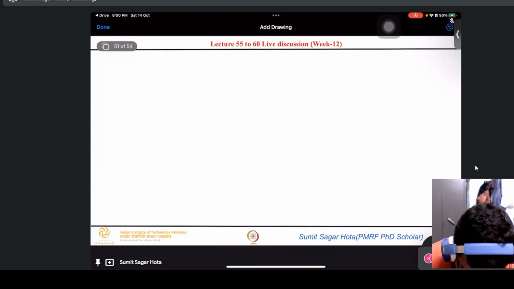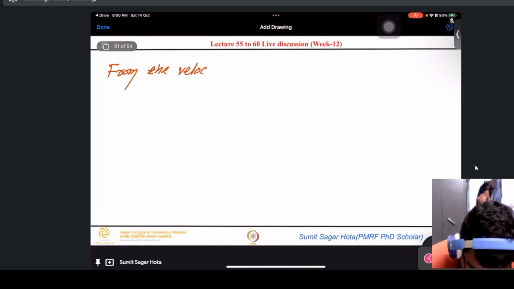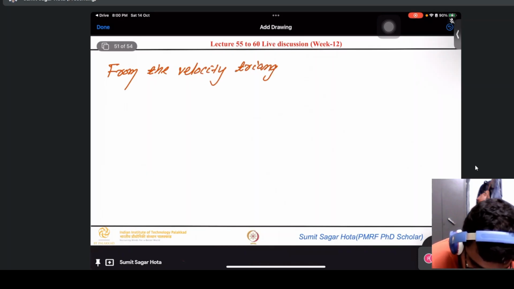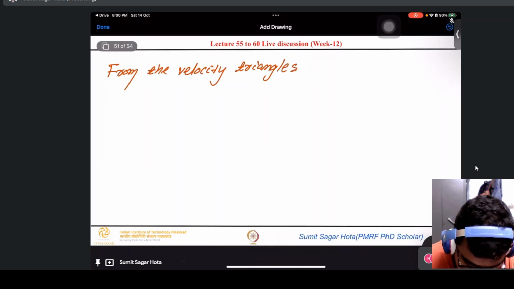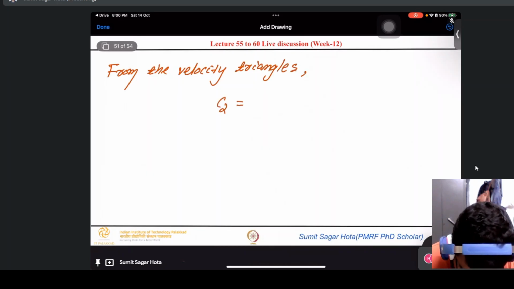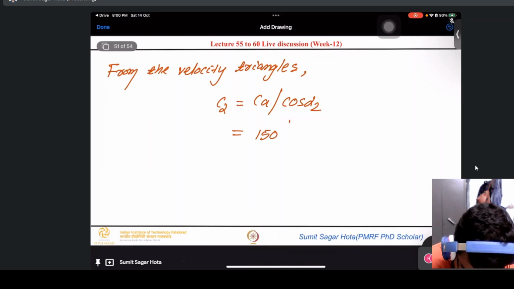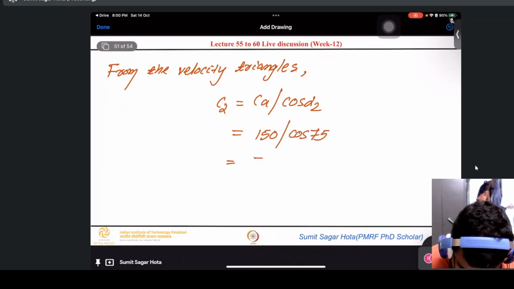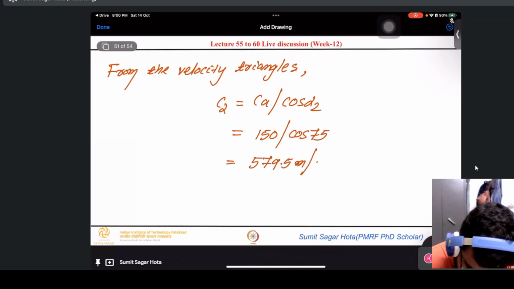Now from the velocity triangle, C2 equal to Ca divided by cos alpha 2. What is C2? 150 divided by cos 75, 579.5 meter per second.